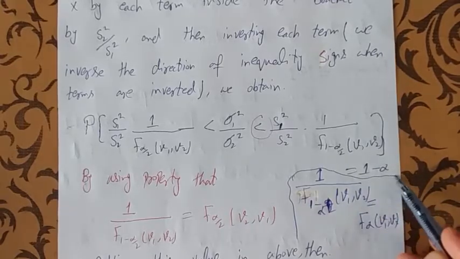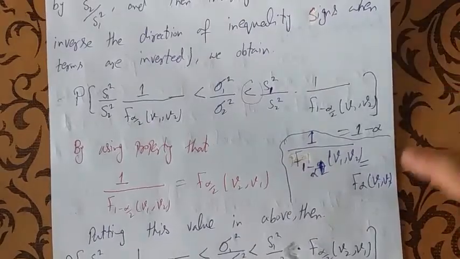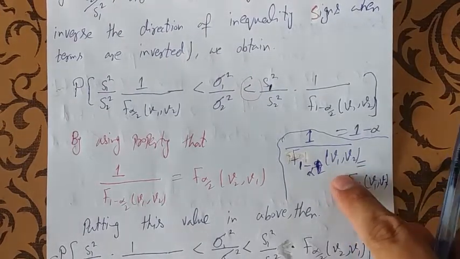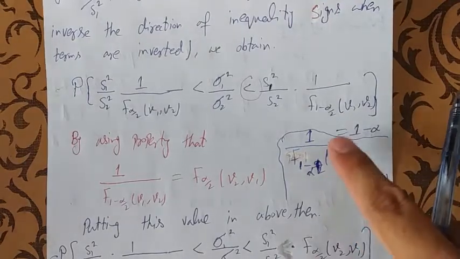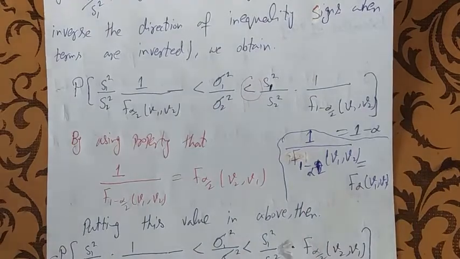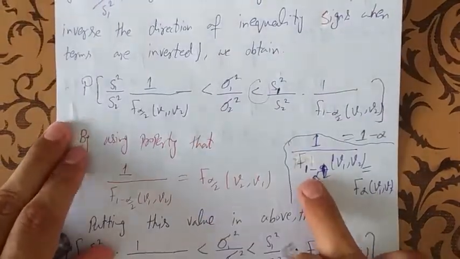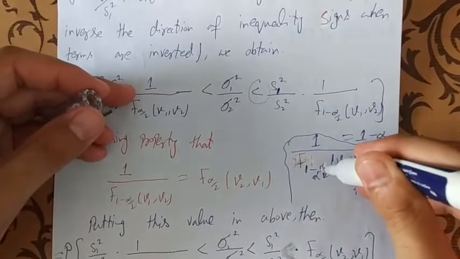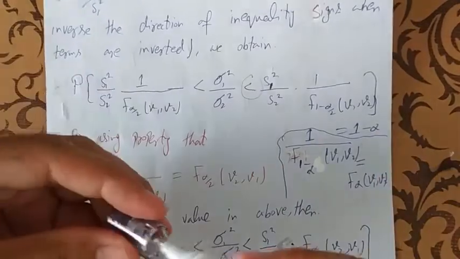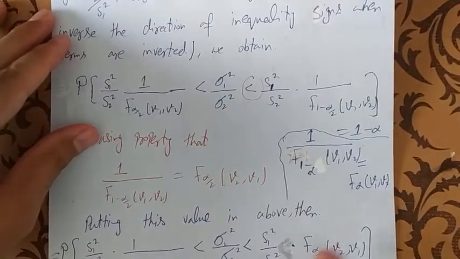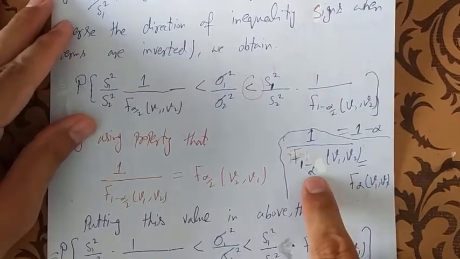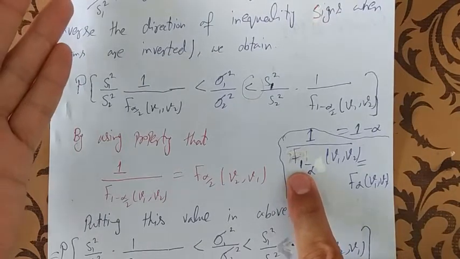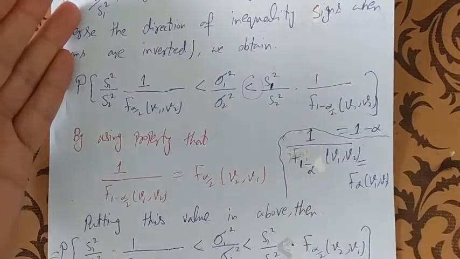Students, I explained this in property number 5 in the previous video. We write in this format: 1 over F minus 1 over F 1 minus alpha nu1 comma nu2. And I said in the previous video that for those things which we subtract from 1, write in a similar way.